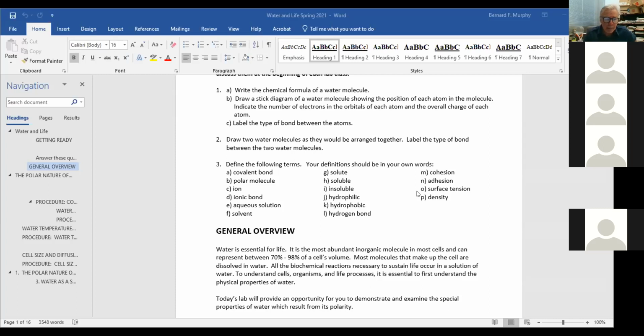And density is how close molecules are together in a substance. Usually, the colder something is, the more dense it is. The warmer something is, the less dense it is, because of molecular movement. Remember, molecules are always moving at any temperature except absolute zero, which doesn't exist.